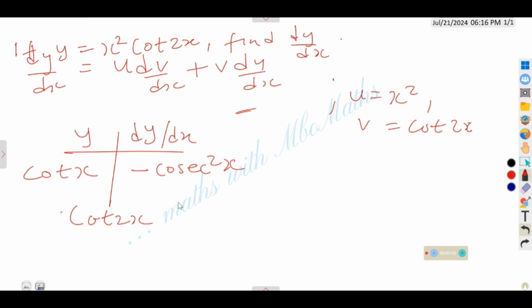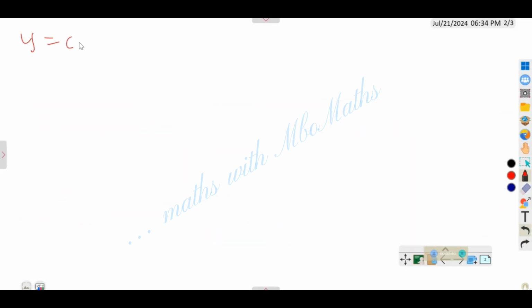So remember, in our chain rule, we put u to be 2s, so that if this were y, this thing will turn to cot u. So if y is equal to cot u, it implies that dy/du is equal to what?